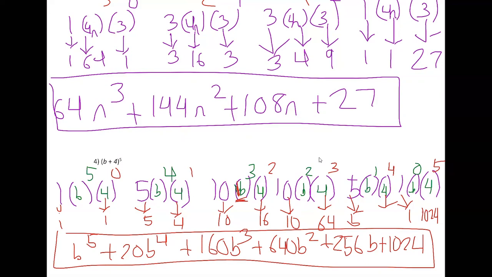There are some ways, using what's called combinations, to quicken this. If you're interested, you could look up the binomial theorem to see more about this. This is what it's all going to be based on. But to be quite honest with you, if I asked you to expand b plus 2 up to the 10th power, that's going to be a pain.